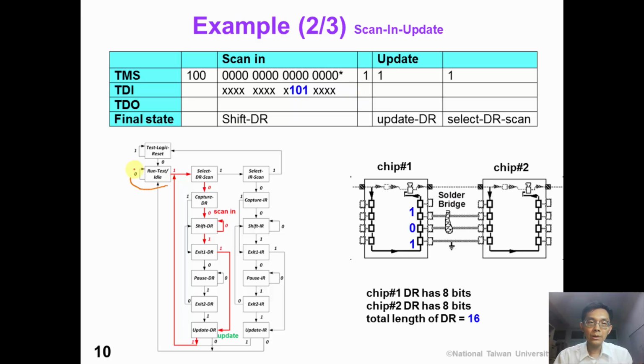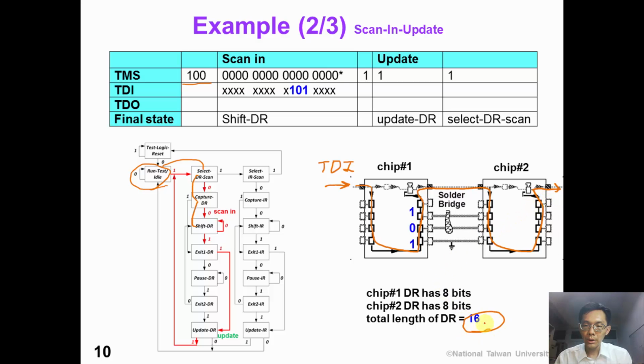Starting from the run test idle state, we apply a TMS sequence of 1, 0, 0. Now we can shift in the test data. On this board, suppose that this is our TDI input. There are 8 bits of data register in chip number 1 and also 8 bits of data register in chip number 2.